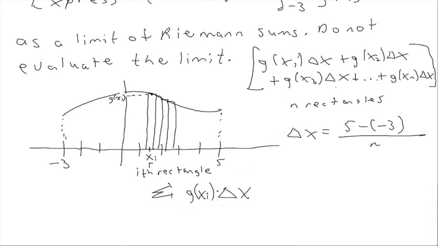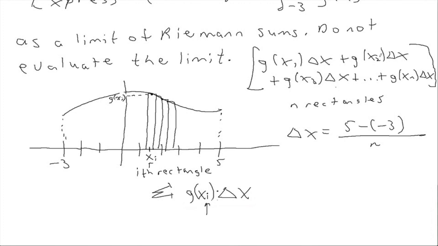So what's changing here? We're going from x1 to x2 to x3 to xn. The thing that's changing is the subscript. What's the variable that we're using for that subscript? Actually, the variable we used here was i. We used i to stand for all the various possibilities.